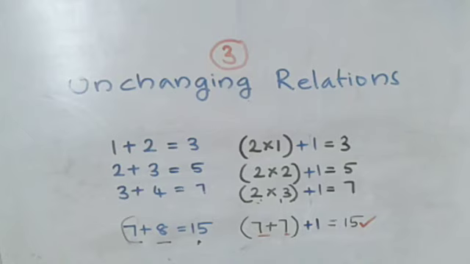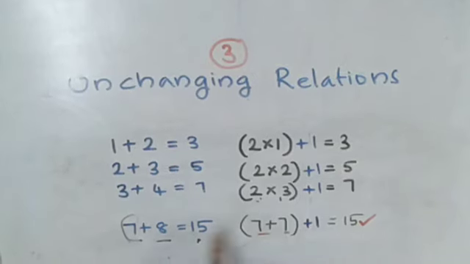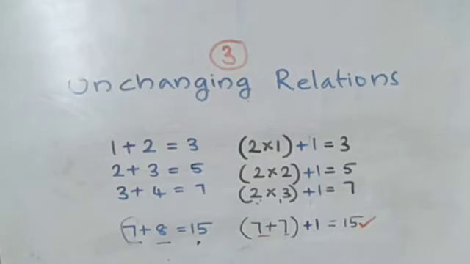There is a box, and the box contains: if we take any natural number and add the next natural number, or if we double the first number and add 1, we get the same number as the result. This you can see here in your textbook.